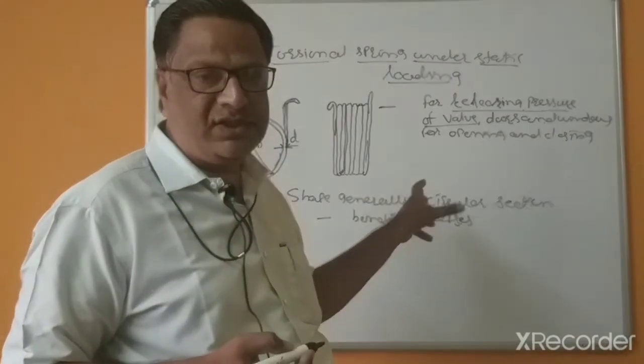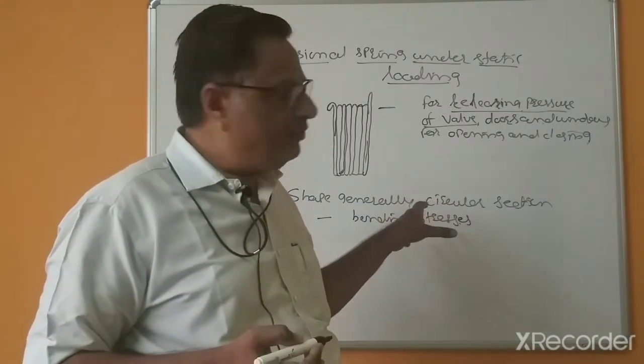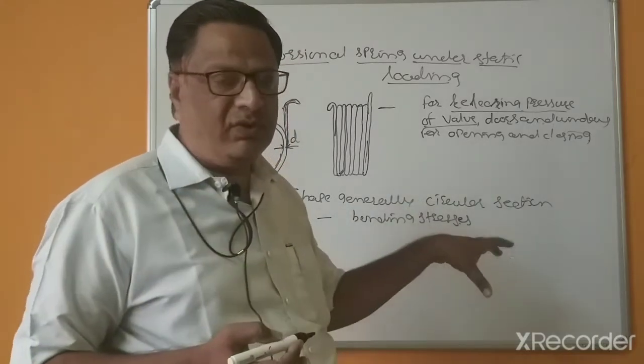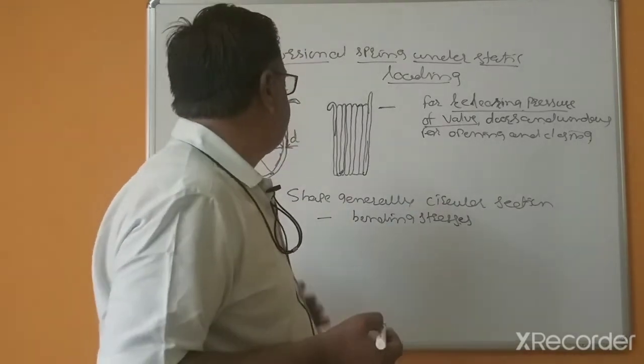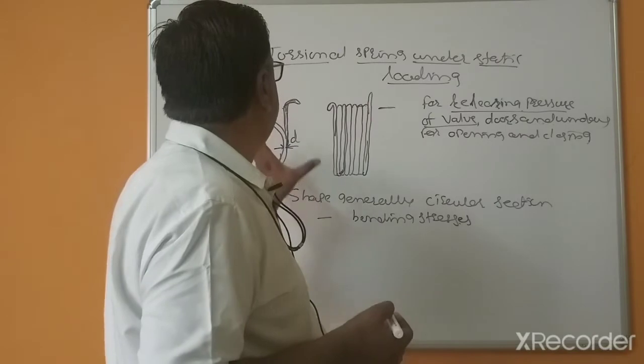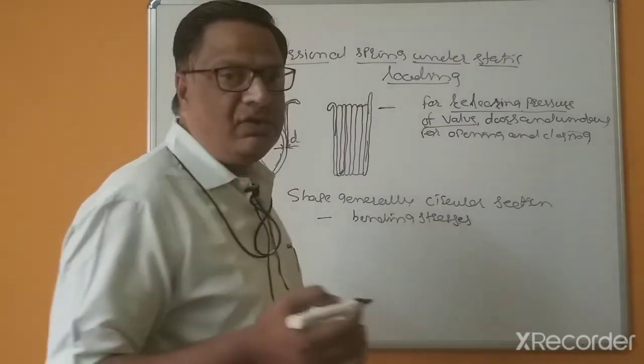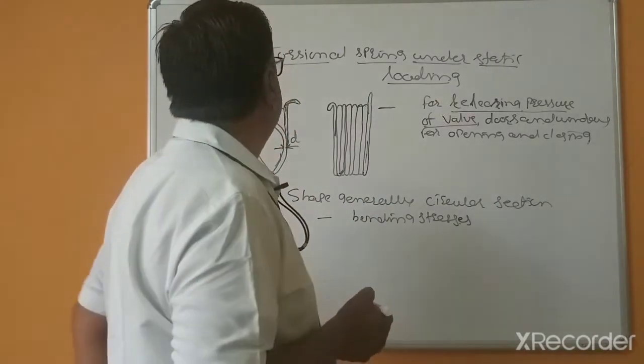We can calculate them by using the formula from the curved beam theory, bending stress. By using that we can find the intensity of the stresses induced in the torsion springs.